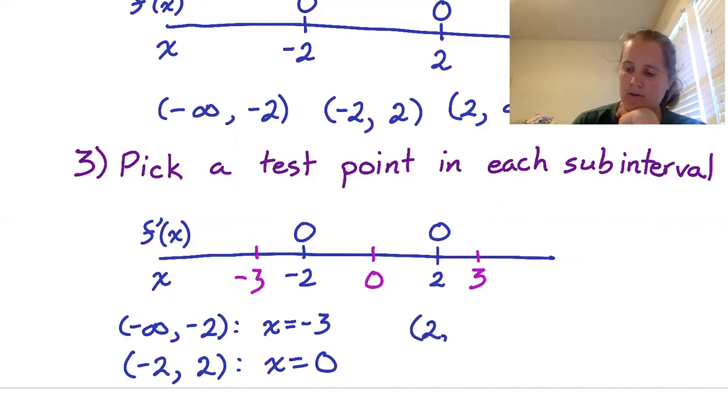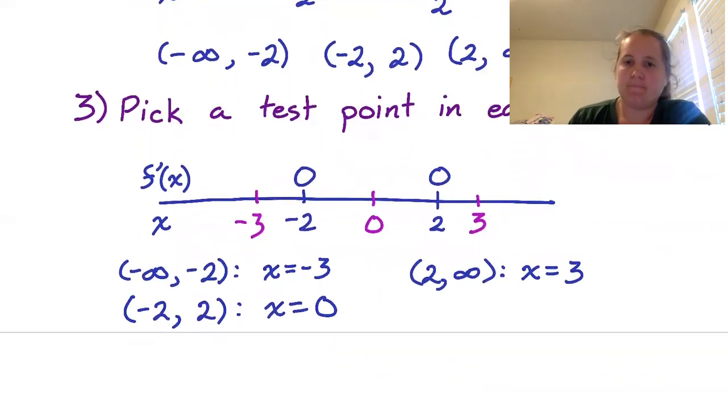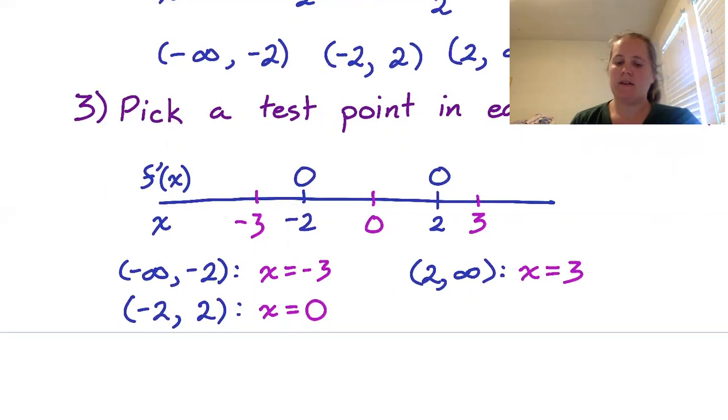And for 2 to infinity, we picked x equals 3. I'm actually going to change these colors to match what I did above. So let's do those in purple. So we have x equals -3, x equals 0, and x equals 3. And at each of those values, we're just going to see what f prime of x looks like.